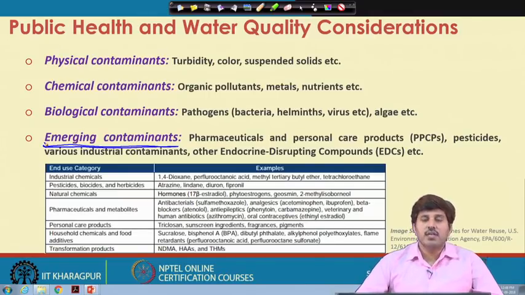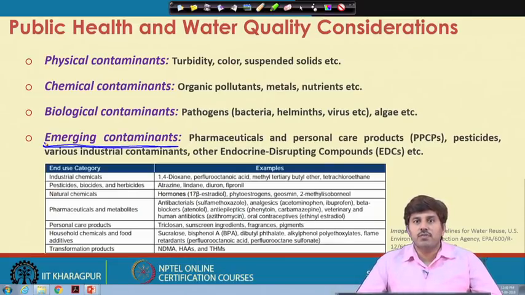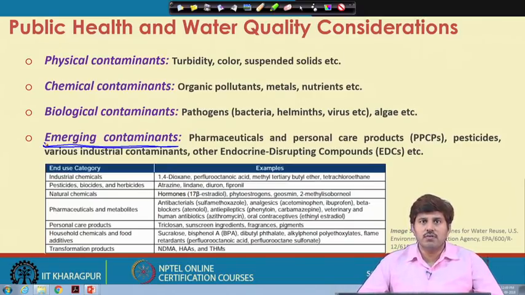There are a variety of household chemicals and food additives, and quite a few food additives are being used these days. And there are various transformation products, where the original products get transformed in the water through hydrolysis or similar processes, so there may be trihalomethanes, haloacetic acids, and so on.